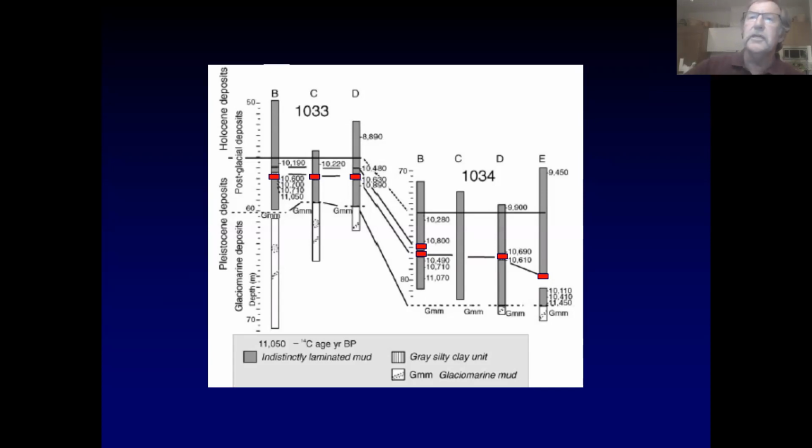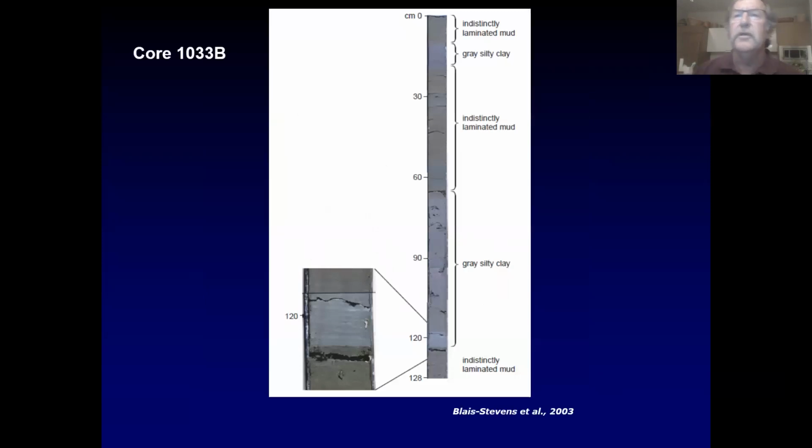So if we take a look at those beds, this is what they look like. You can see in the left part of the photo is a blow up of one of these gray beds, these distinctly laminated silty clays that differ from the laminated muds, the post-glacial muds, in having no organics.